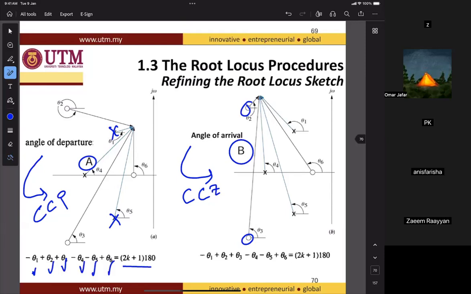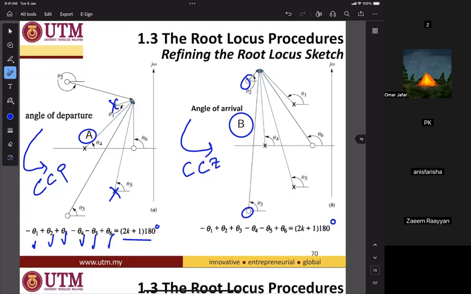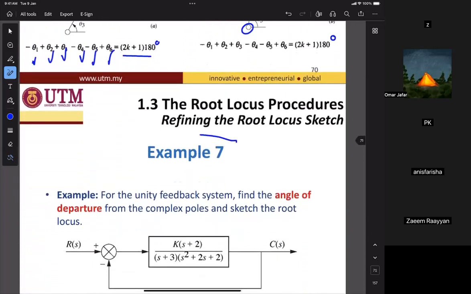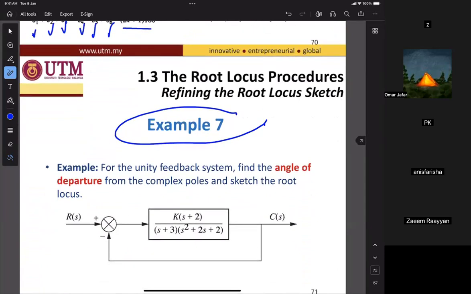Equal to 2k plus 1, 180 degrees. This one also uses the same concept as the previous formula. Example 7. For the unity feedback system, find the angle of departure from the complex pole and sketch the root locus.